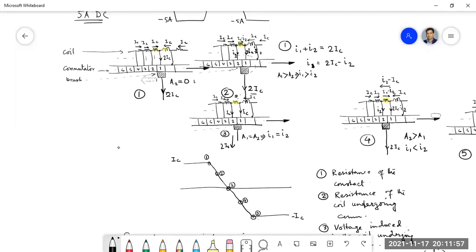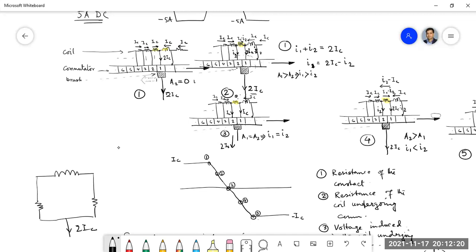Okay, so if I draw the coil once again, here we have a resistance. Here we have a resistance. And here we have the current 2IC.